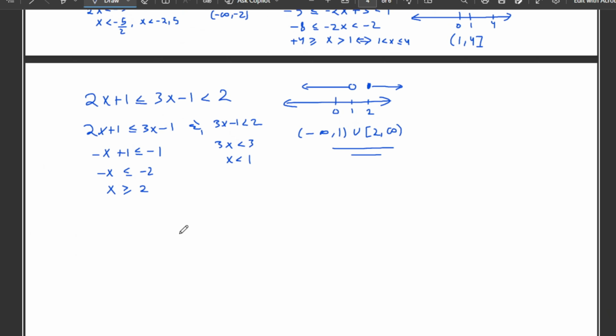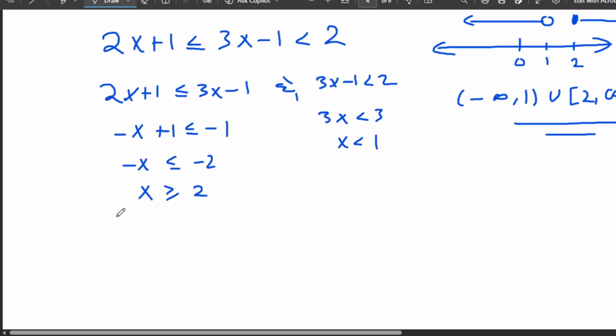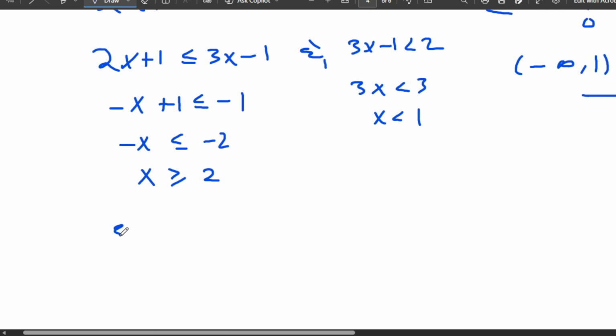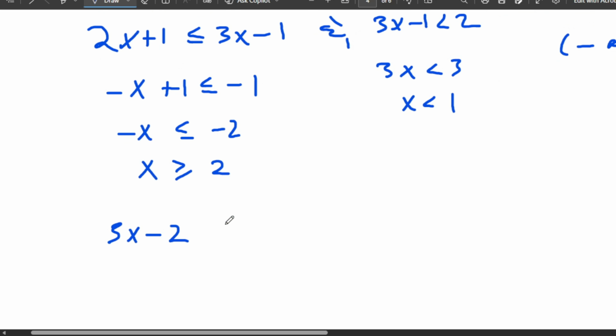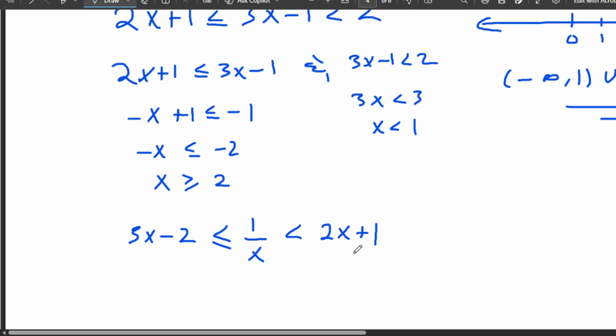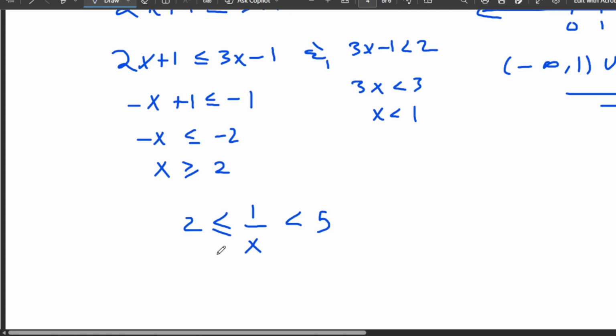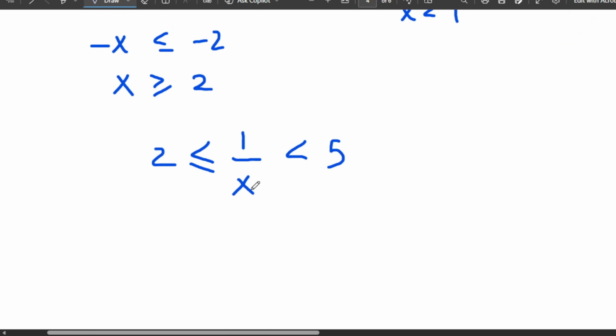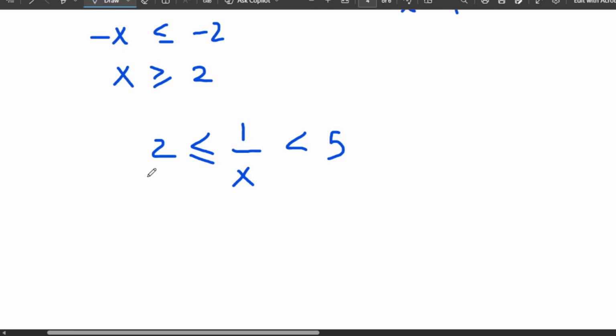Okay, and the last example for compound inequalities would be, say, we have 3x minus 2 is less than or equal to 1 over x, which is less than 5. Oh no, let's say it was like this. In this case, we multiply x in everything.